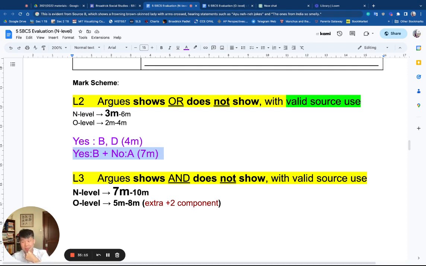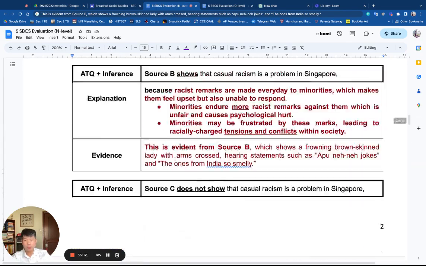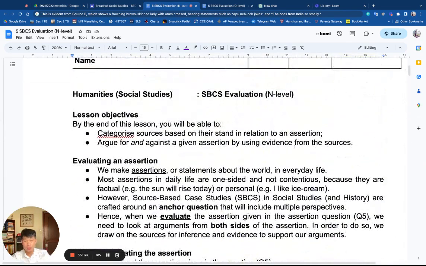That it's a problem and it's not a problem. Because this candidate managed to identify and argue from both perspectives, they are showing a higher level of thinking than someone who's only arguing from a single perspective, which is why when we go back to the objective of this lesson, we said that we wanted for and against the assertion. We said we wanted multiple perspectives. I think now page 1 should start to make more sense to you.